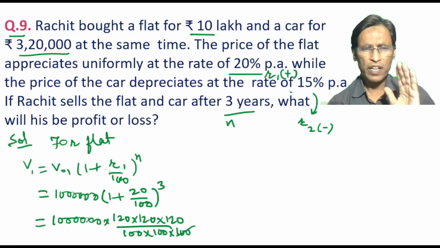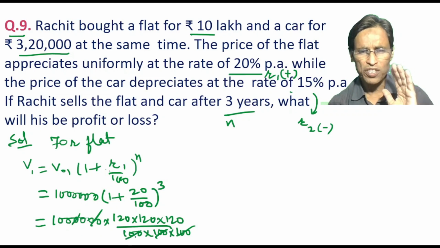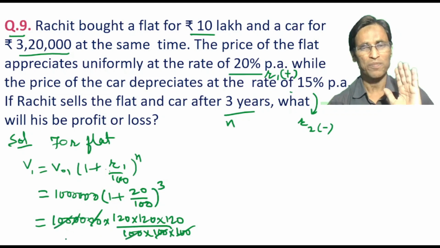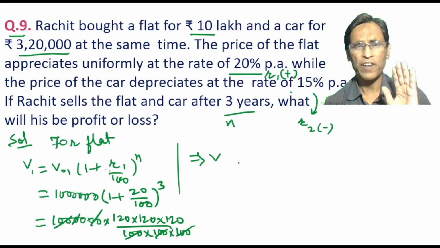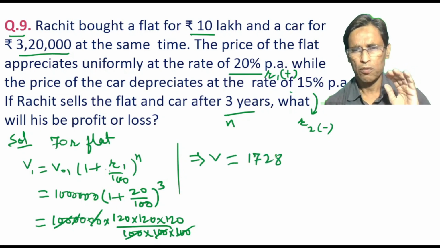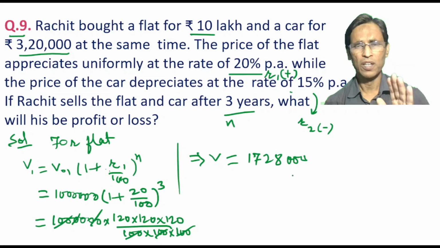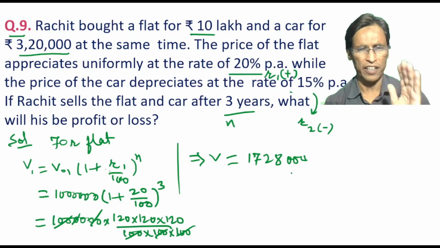This 20 can cancel this 20, and this 20 can cancel this 20. Now finally we get the final value of the flat after 3 years, V equal to 17,28,000. This is the value of the flat after 3 years.